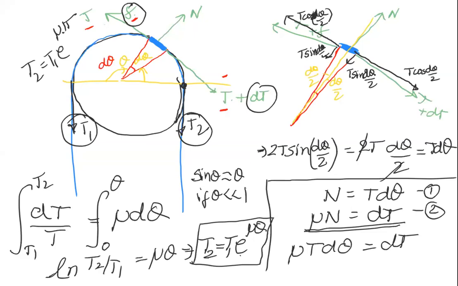Now you don't have to remember this. The only thing that you have to remember is that when there is friction between the pulley and the rope, then the tension on one side, in the same string we are talking about, is different from the tension on the other side.